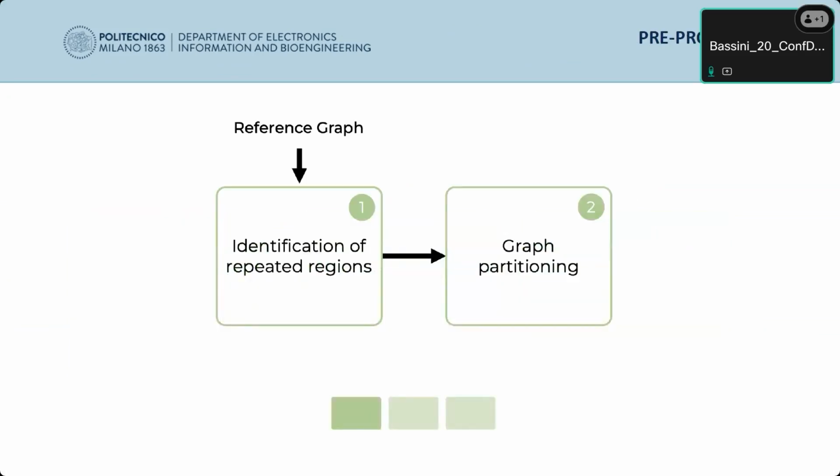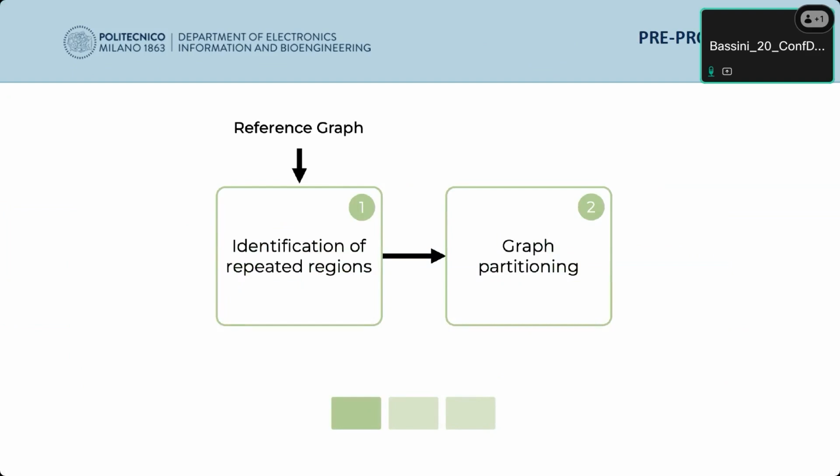The first step, the pre-processing of the reference graph, starts with the identification of repeated regions, which during the creation of the graph can lead to misrepresentation. So I created a tool for identifying this type of misrepresentation to improve the morphology of the input graph.